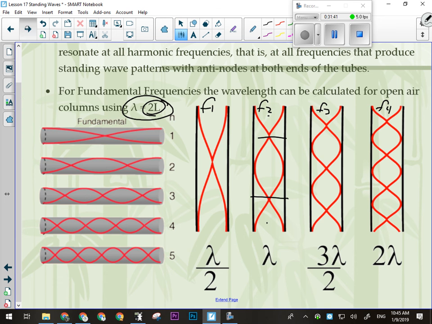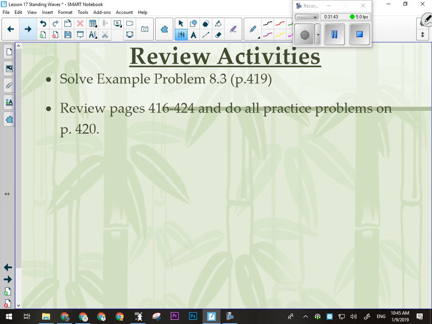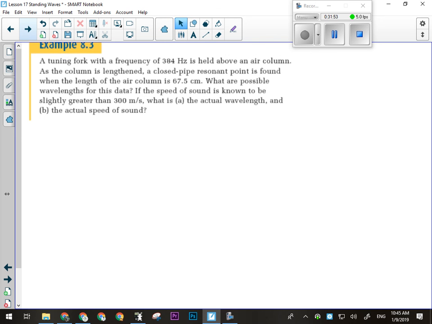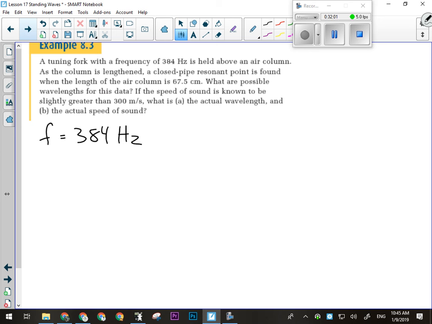All right, so we're going to go over a couple of example problems to do with standing waves and air columns, and then I'll have you guys try a few on your own. In this question, I've got a tuning fork. It has a frequency of 384 hertz. So they told me F, 384 hertz. It's held above an air column.